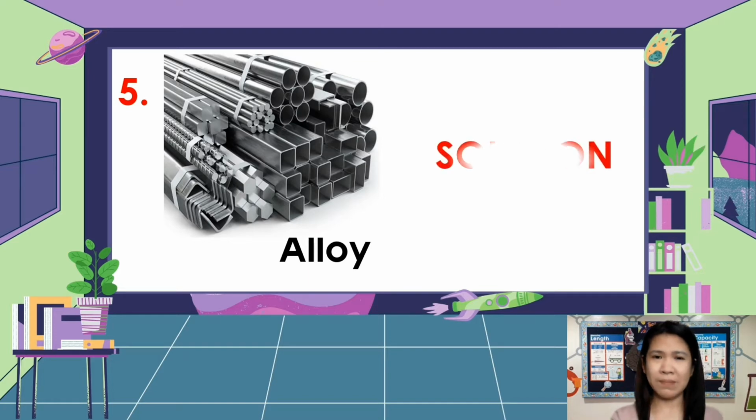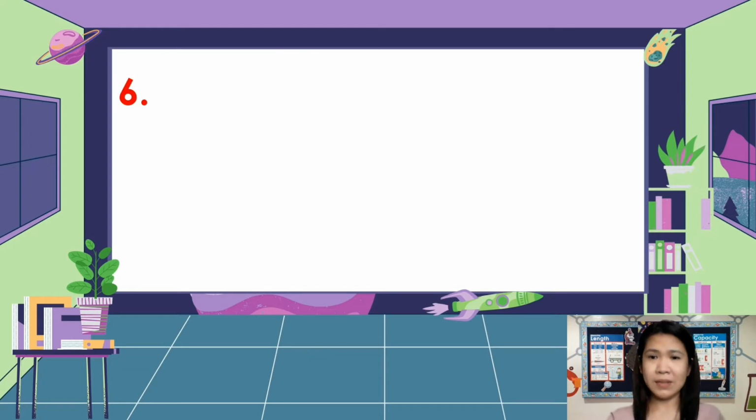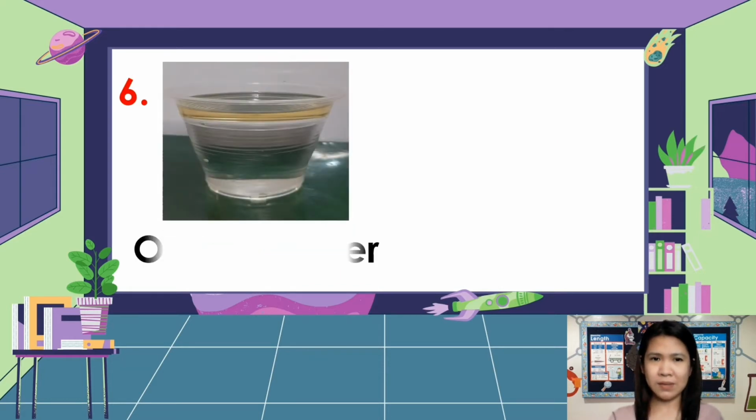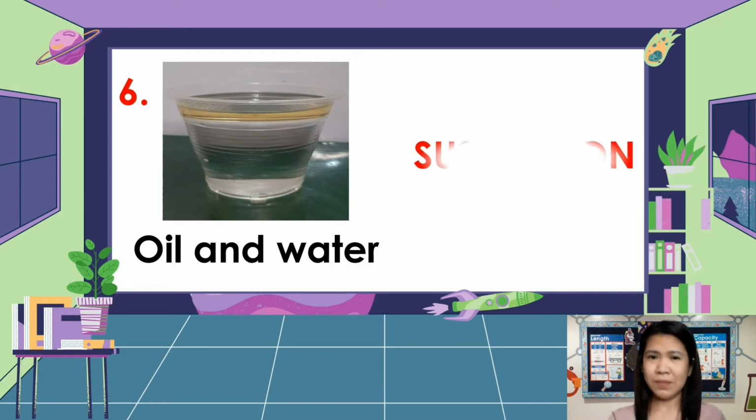Good job. Alloy is a solution. Number 6. Oil and water. You are correct. Oil and water is an example of suspension.